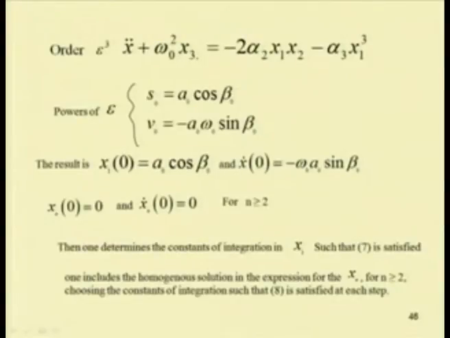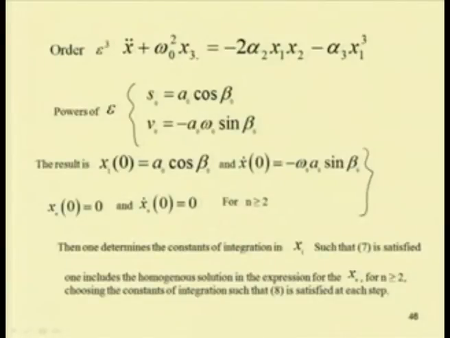So, one can write the initial condition this way: x1(0) equal to A0 cos beta0, and x1 dot (0) equal to minus omega0 A0 sin beta0, and for the higher order terms, x2(0) equal to 0 and xn dot (0) equal to 0 for n greater than 2.